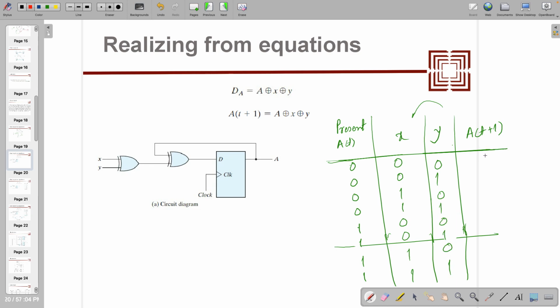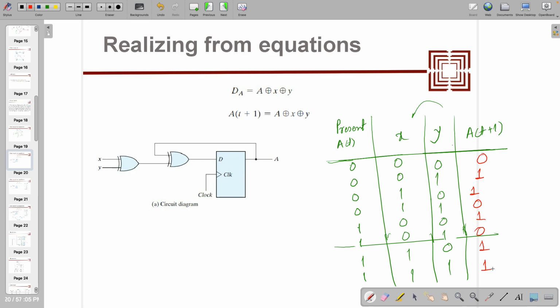It's 0 because it's an addition. This is 1, 1, 0, 1, 0, 1, 1, right? Something like this. Based on this, can we draw the state table?